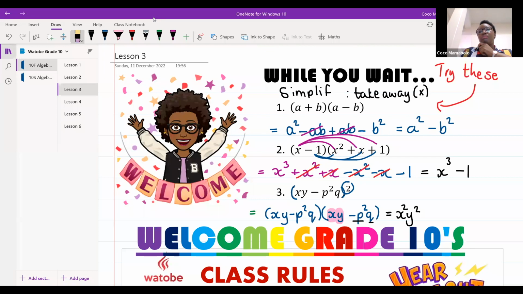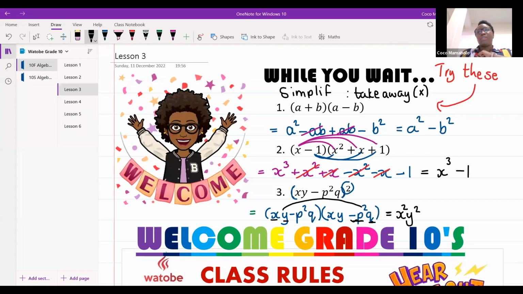None of them. Because we're multiplying xy with negative p squared q. X is on its own, y is on its own, negative p squared is on its own, and q is on its own, right? None of them look the same. Yes?